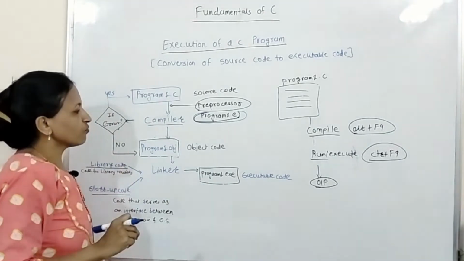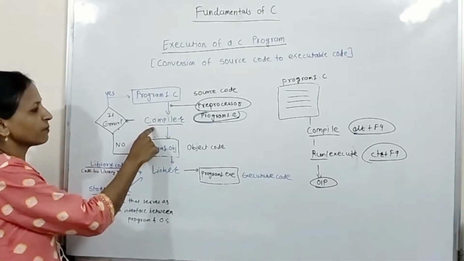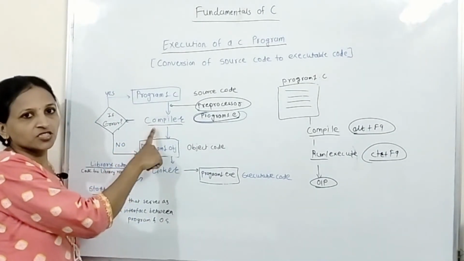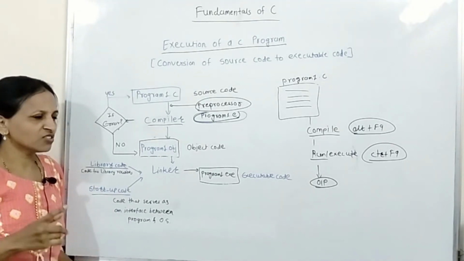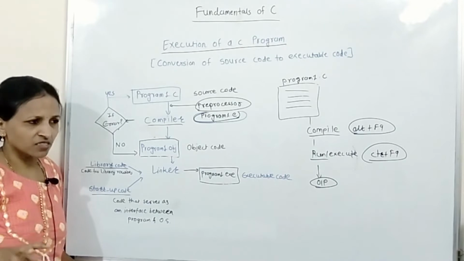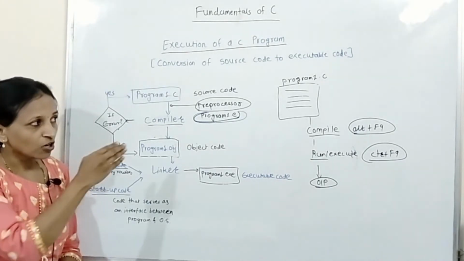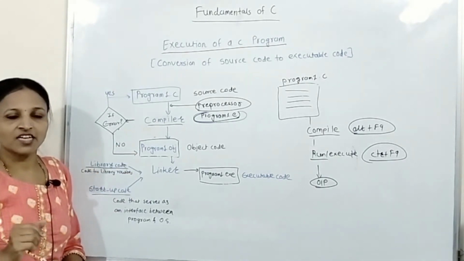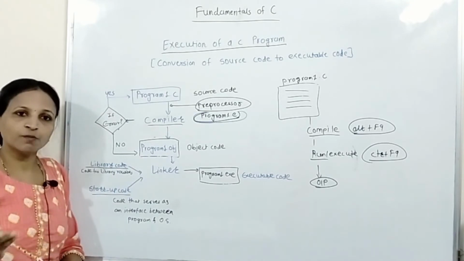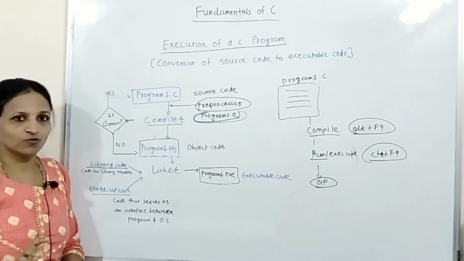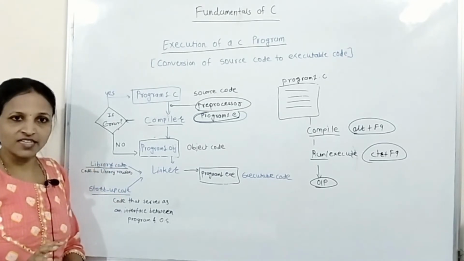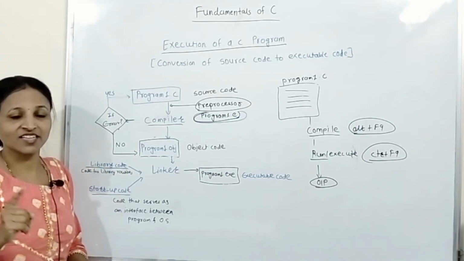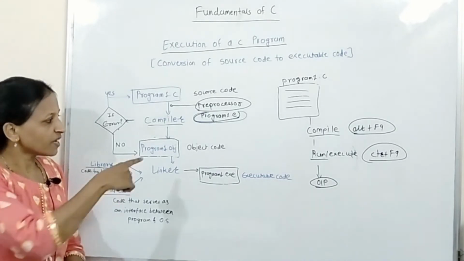But before that, one more point to keep in mind: while compiling, suppose there are any syntactical errors. Suppose there is one error, that is a semicolon, meaning there is one rule. We have already seen that C is a statically typed language. Statically means every variable should be declared first, then only you can use it. Suppose we have not declared anything and we are using it. That is again one type of error that will be reported by the compiler.